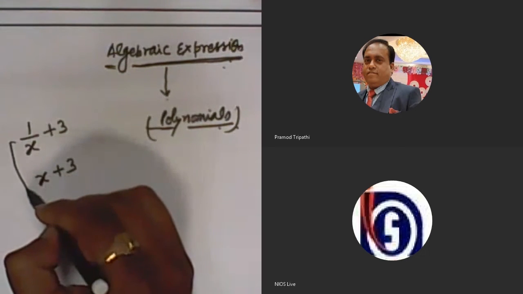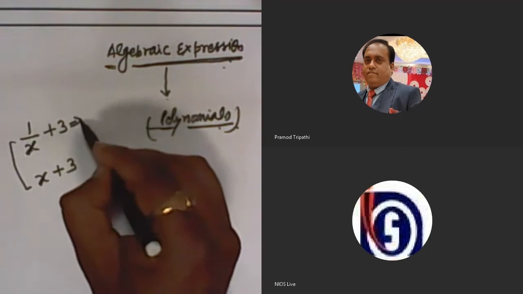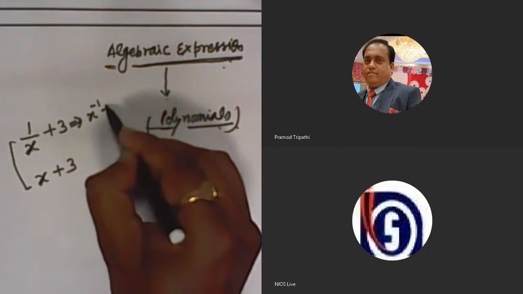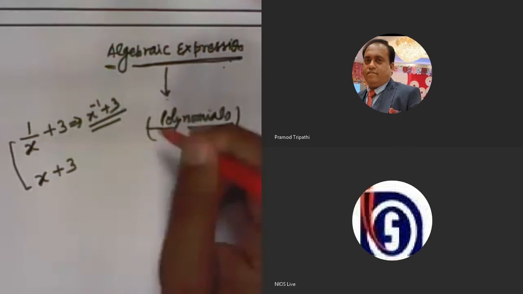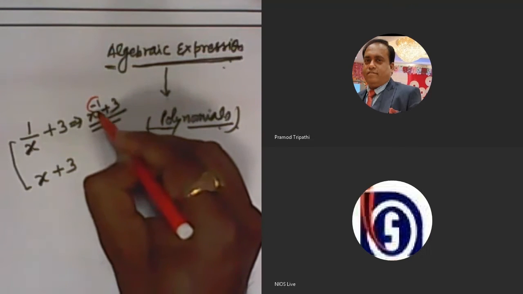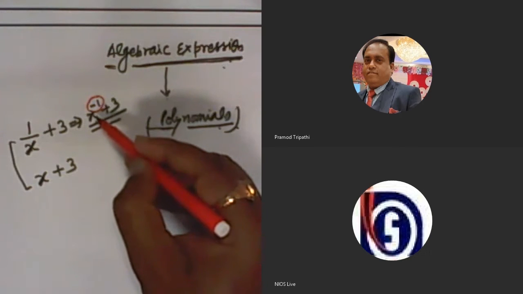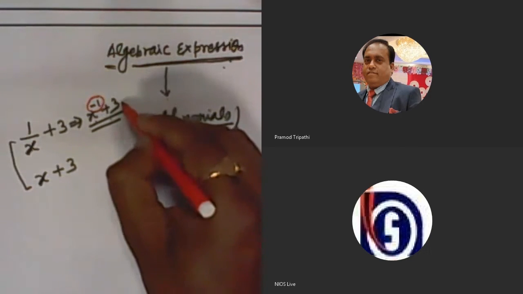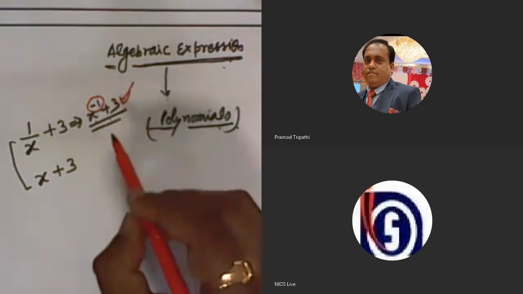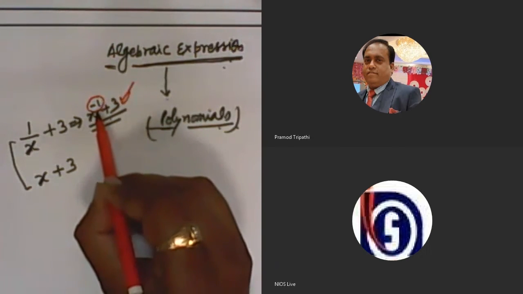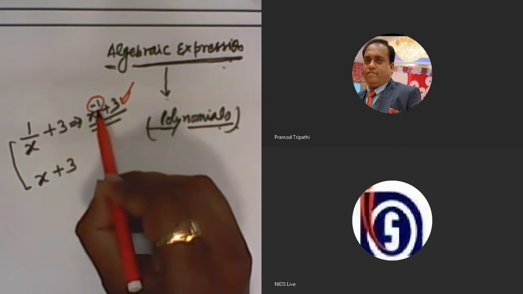When x goes to the numerator side, it becomes x raised to the power minus 1 plus 3. In the first expression, the exponent of the variable is minus 1. That is not a whole number. Hence, this is an algebraic expression, but it is not a polynomial. The condition for a polynomial is that the exponent of the variable must be a whole number.